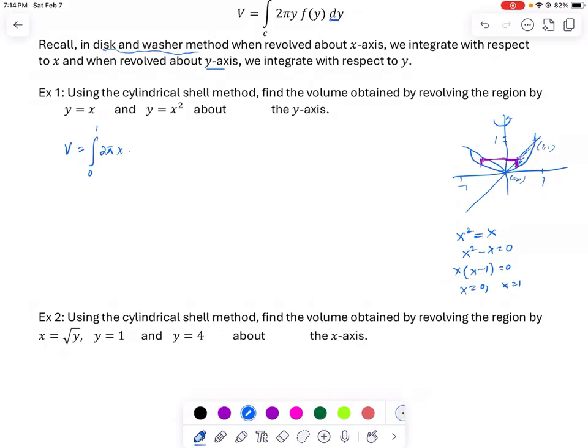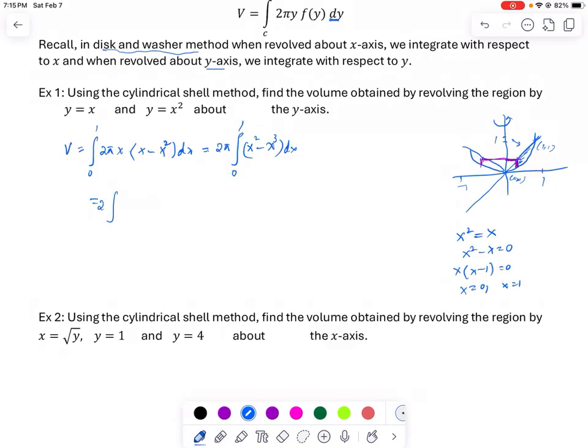F of x is actually going to be the difference. So we have to check which function is above. Here in this piece you see x is above x square, so x minus x square, and then dx. So this is a simple integral: 2 pi outside, integral from 0 to 1, x square minus x cube dx.